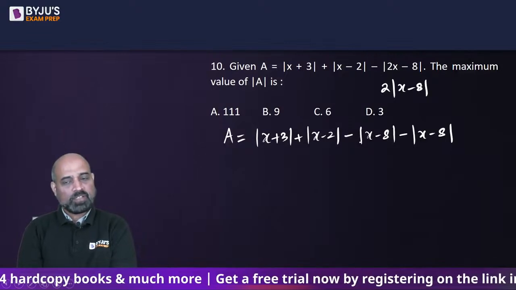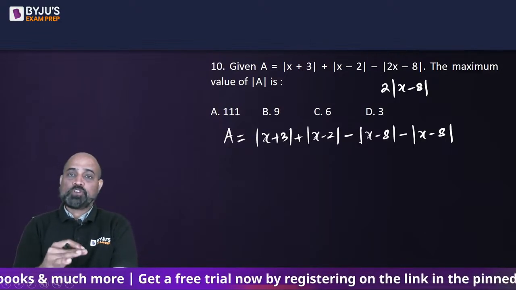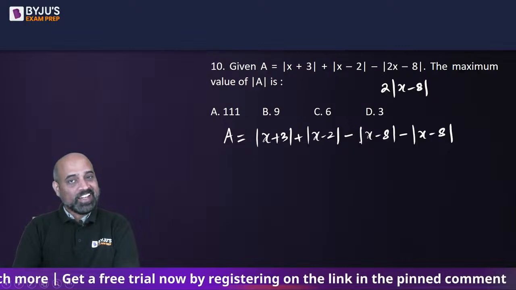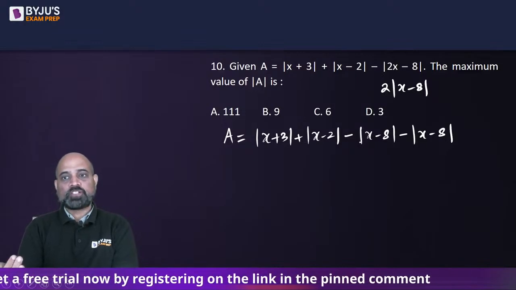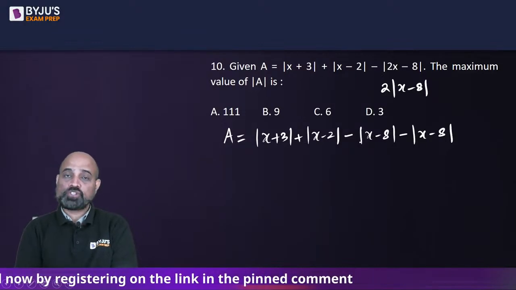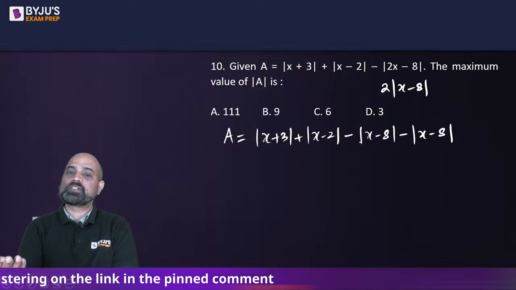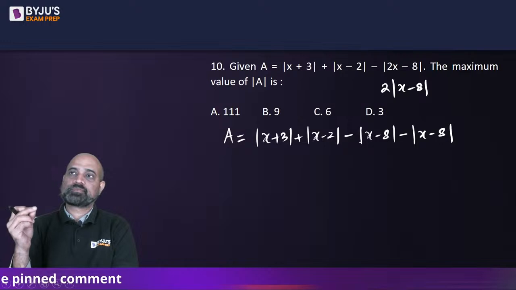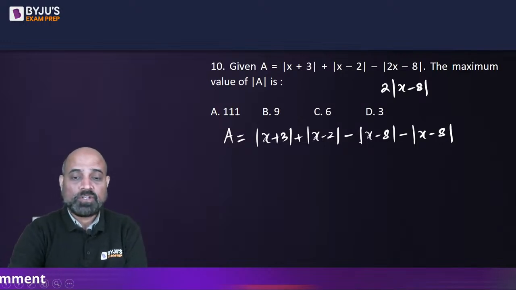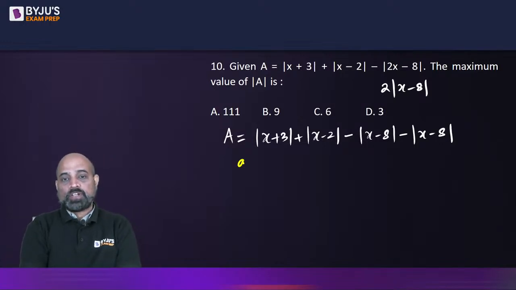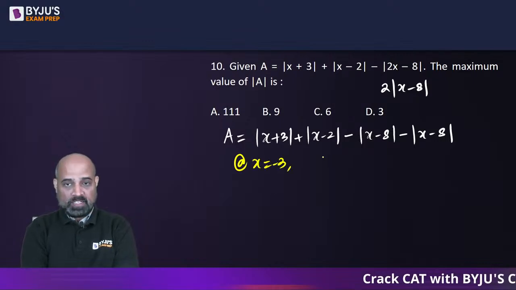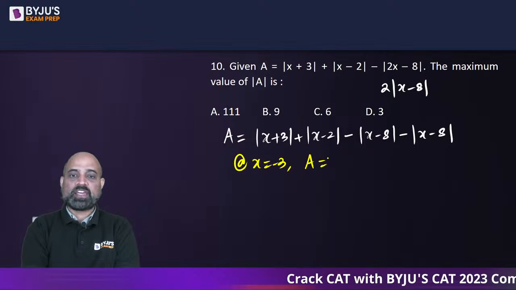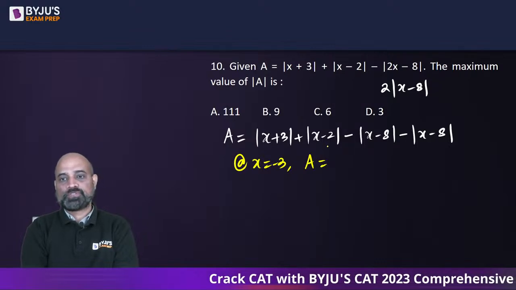Same thing. Now, if you already know the shortcut to it, great. If you do not know the shortcut to it, what you will have to do is draw this. And how will you draw? You will try to make each mod equal to 0. So at x is equal to minus 3, you will get the value of A is equal to 5.